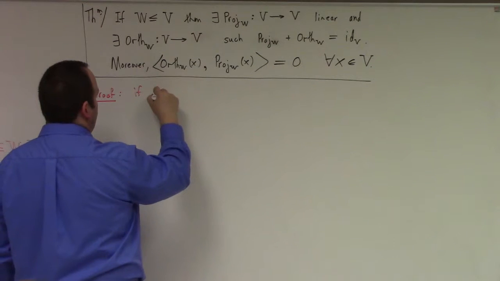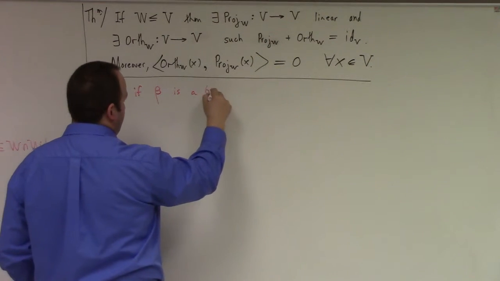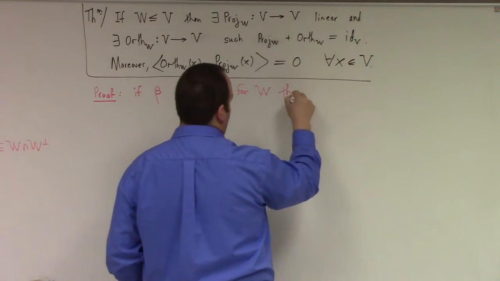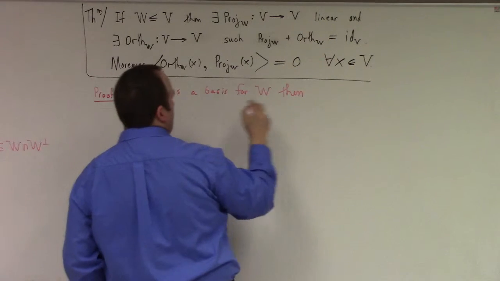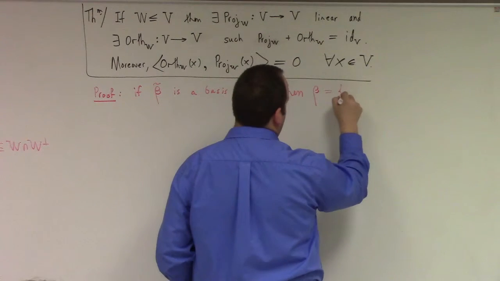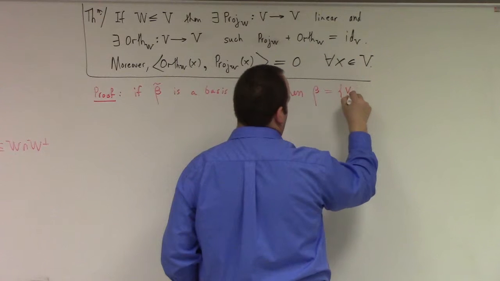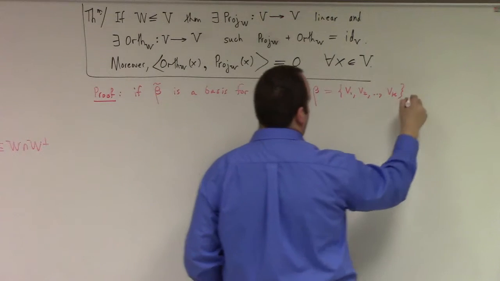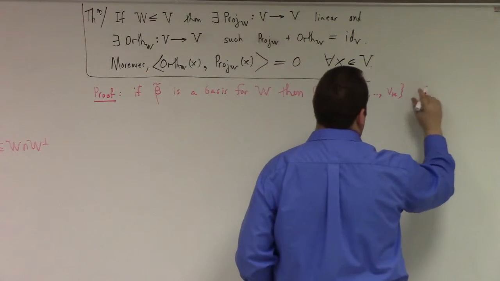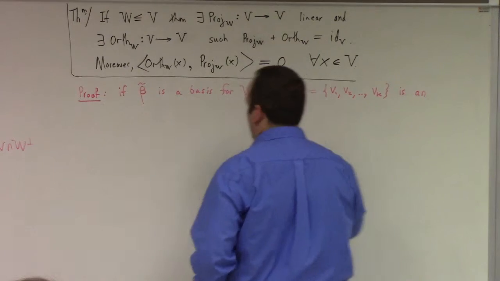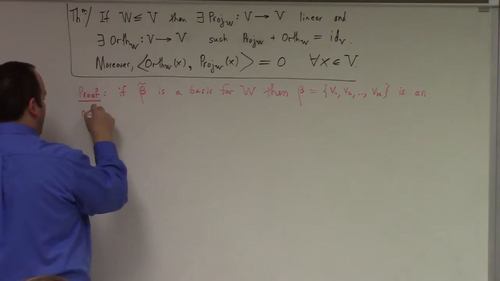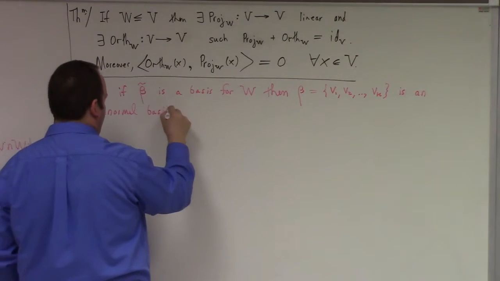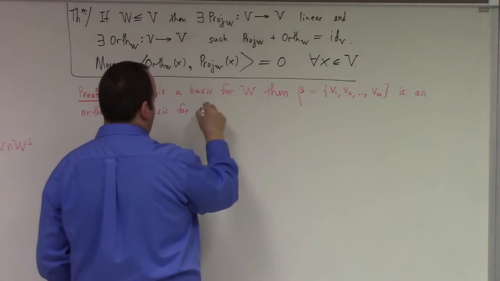Let's say beta is a basis for W. Let me say beta tilde, then beta equals v1, v2, dot dot dot, vk, is an orthonormal basis for W, right?